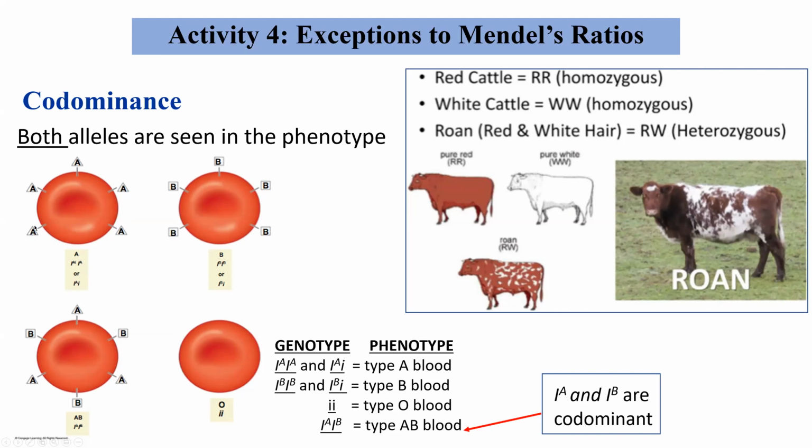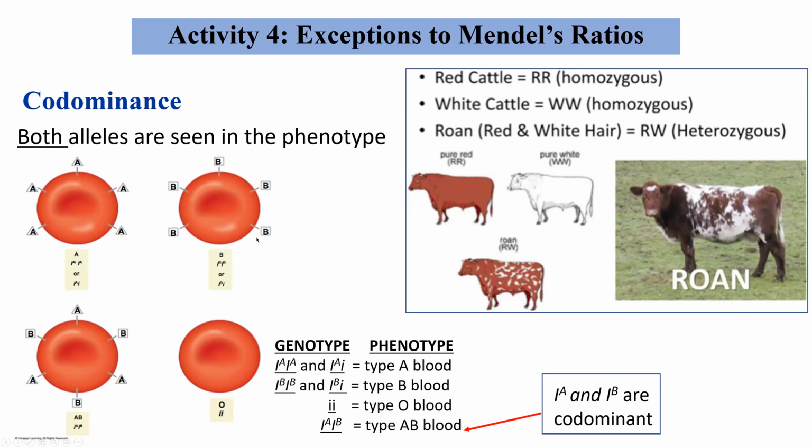The genotype for type A blood could be represented in 2 ways. It could be capital IA, capital IA, so it's homozygous for the A type blood, or it could be capital IA, lowercase i, and here the recessive allele of the O type isn't shown, only the dominant allele, which is the A blood type.